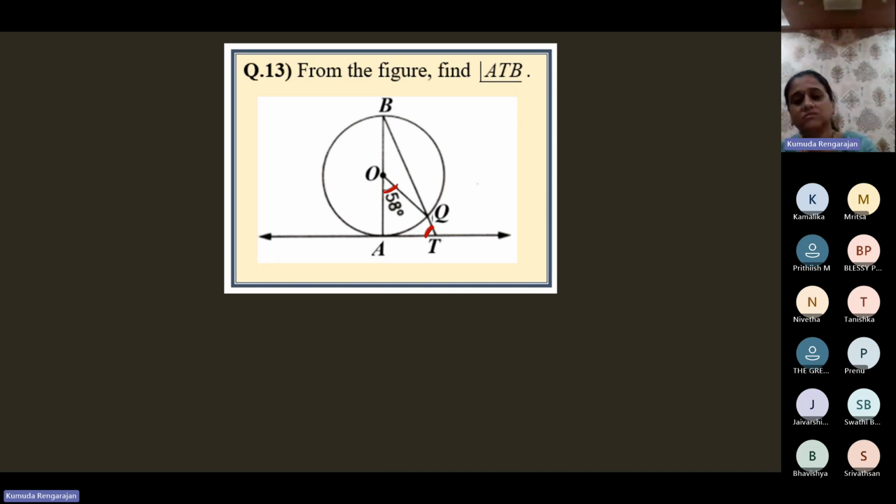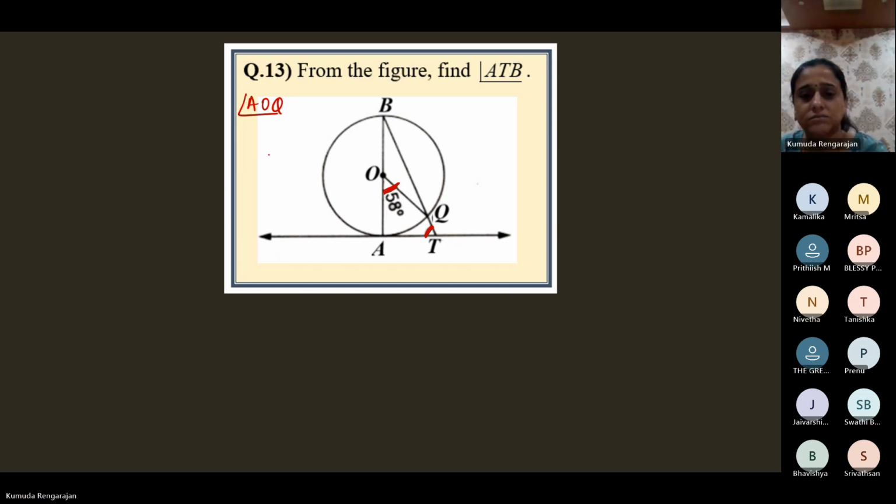AOQ. Which is the arc that subtends angle AOQ at the center?